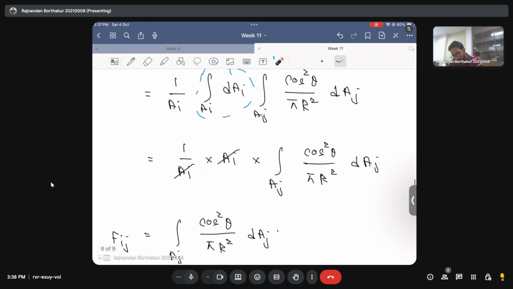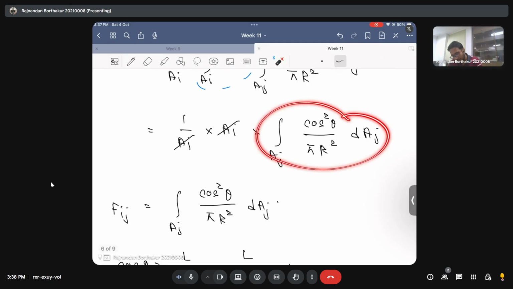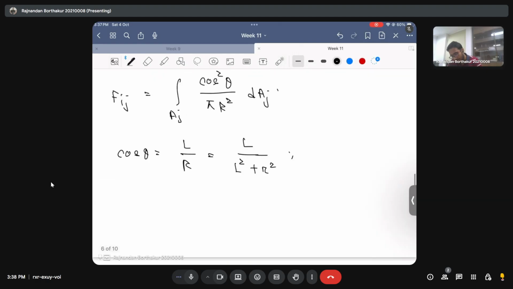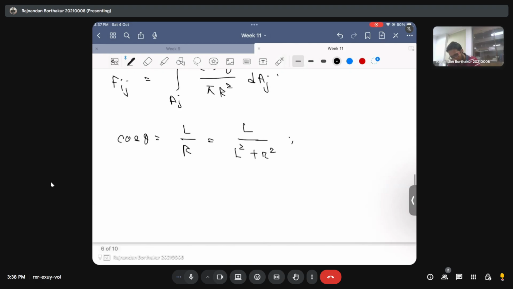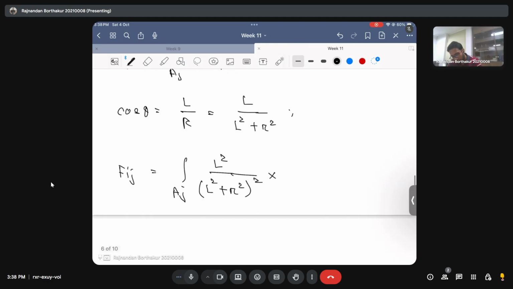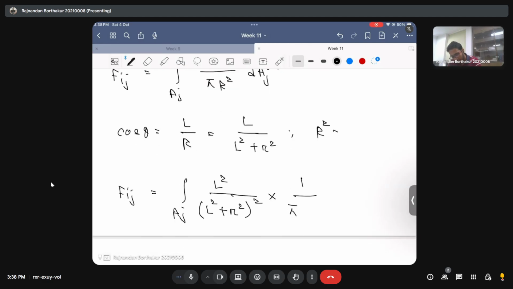Then I can write this particular integral as, so how can we write? Cos square theta becomes L square by L square plus R square, whole square, times 1 by pi r square.